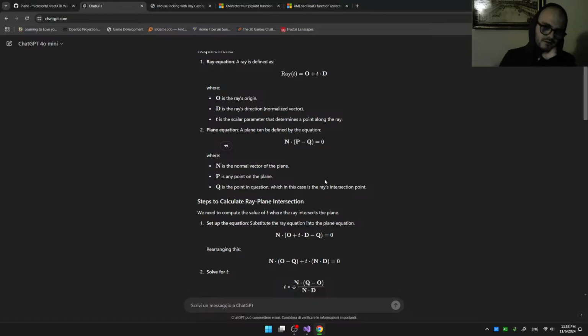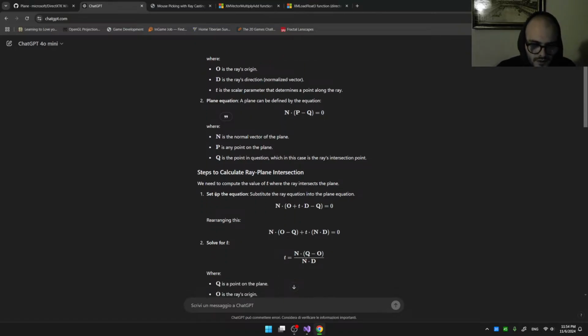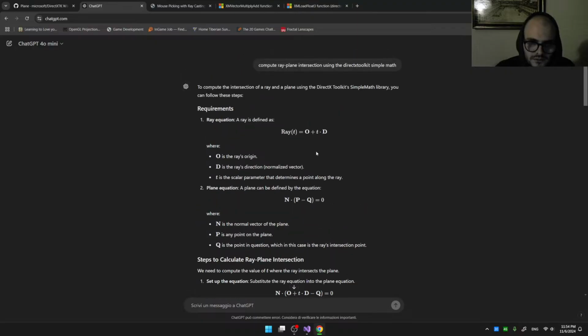We need to compute the value of t where the ray intersects the plane.